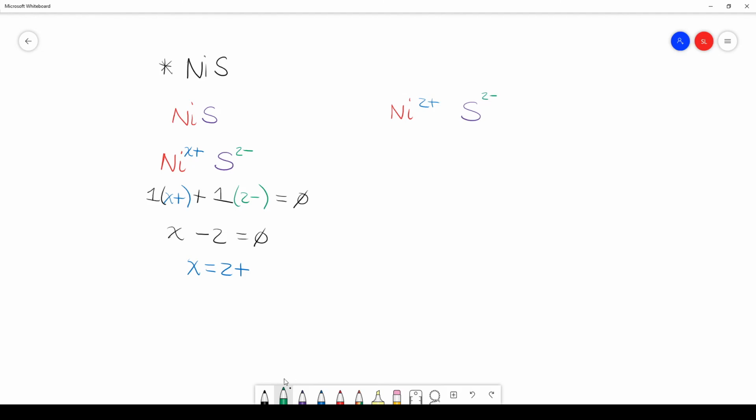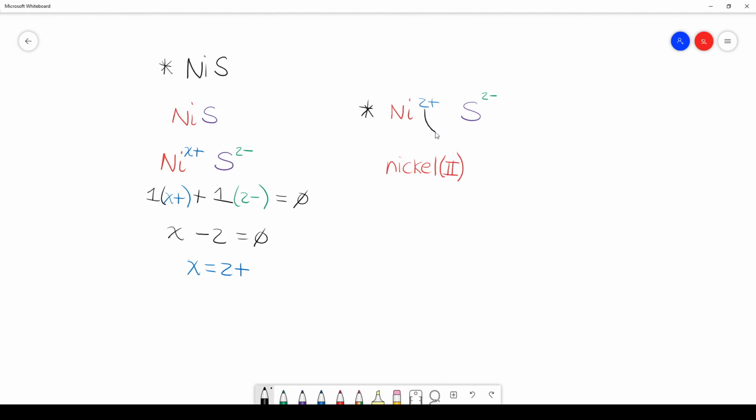I now have that critical part done, which is writing the ions and their charges, and now I simply name them. The metal ions always take on their full metal name. And if it's a variable charge, which this one was, then I have to tell the world what the charge is, and the charge is shown as a Roman numeral. How do I know what number goes there?